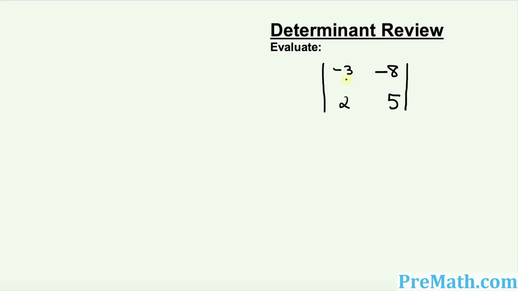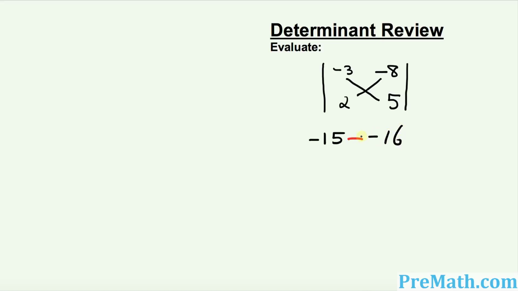First of all, I want you to cross multiply this way. Always. -3 times 5 is what? -15. And right after that, you must put down a minus sign. Always. And then cross multiply the other way around. -8 times 2 is what? -16.